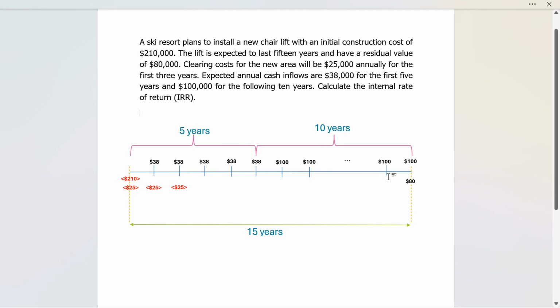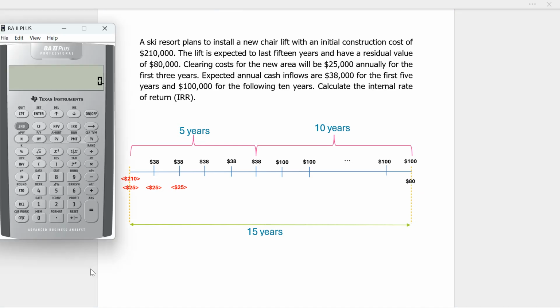These returns continue for 10 years, so the last return of $100,000 would be at the end of year number 15. Also at the end of year number 15, they expect a residual value of $80,000.